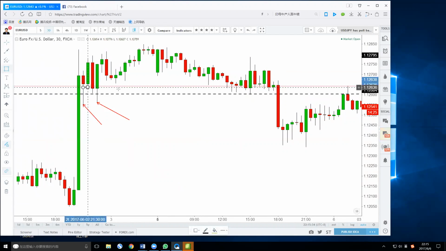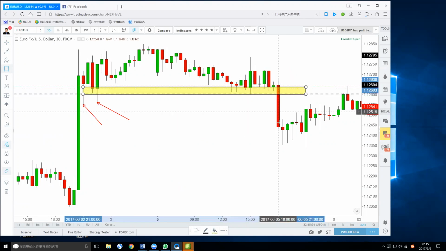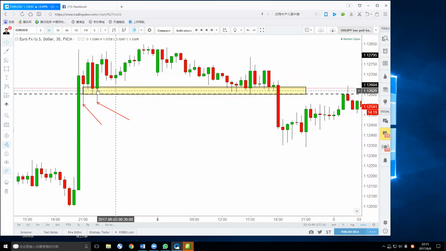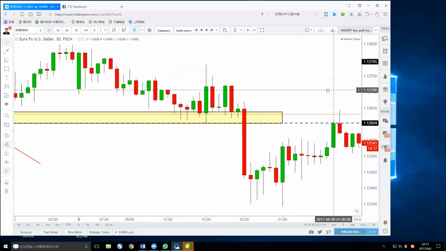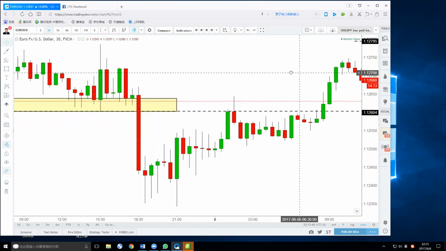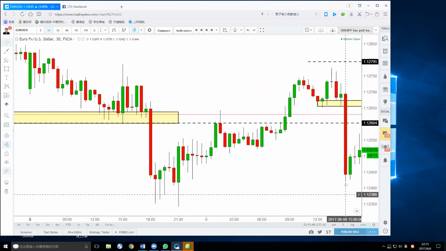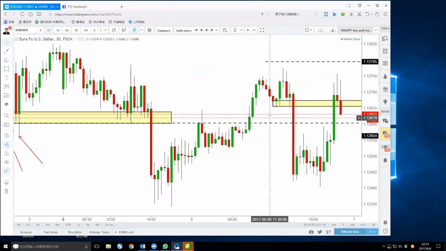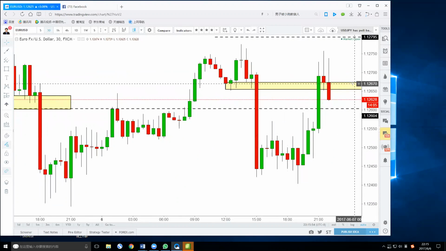I don't know what drives the euro to break down, but since it breaks down, we know that there is a lot of selling pressure from here, and that's why you can see the pink bar here, the rejection. It goes up again, but eventually it still shoots back down. Now today you can see this structure at 1.1276.